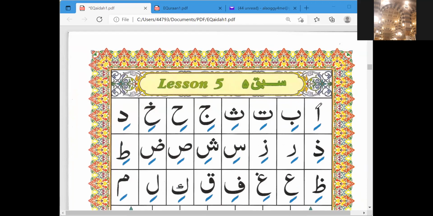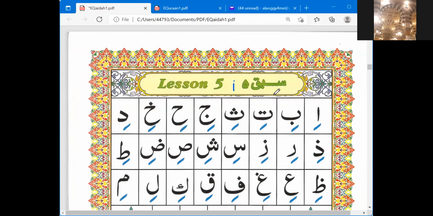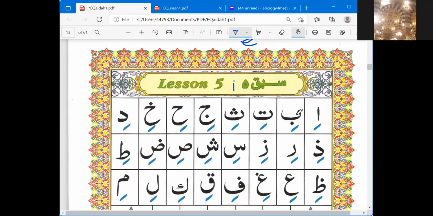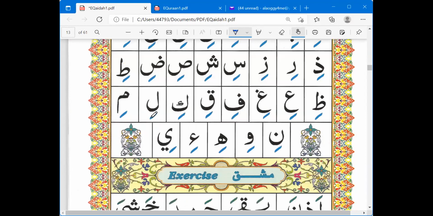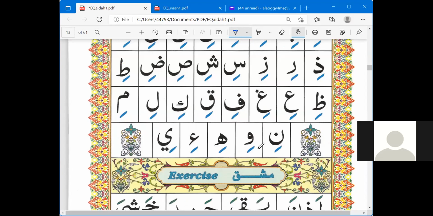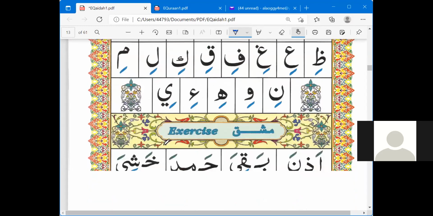Alif fatha, a; alif kasra, e. So remember, kasra sounds e. Ba kasra bi, ta kasra ti, ra kasra ri, shin kasra shi, lam kasra li, qaf kasra qi, waw kasra wi, ya kasra yi.